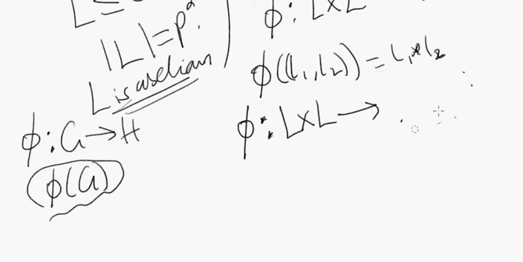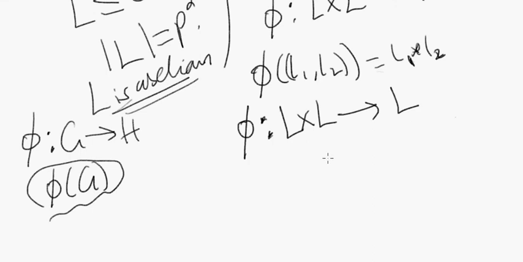Because think about it. What's the set of all L1 times L2? If phi is going from L1 to L2, well, what's the set of all L1 times L2? Isn't L a group? So the set of all possible L1 times L2, isn't that just the group L? So aren't we saying that phi is going from L cross L to L?